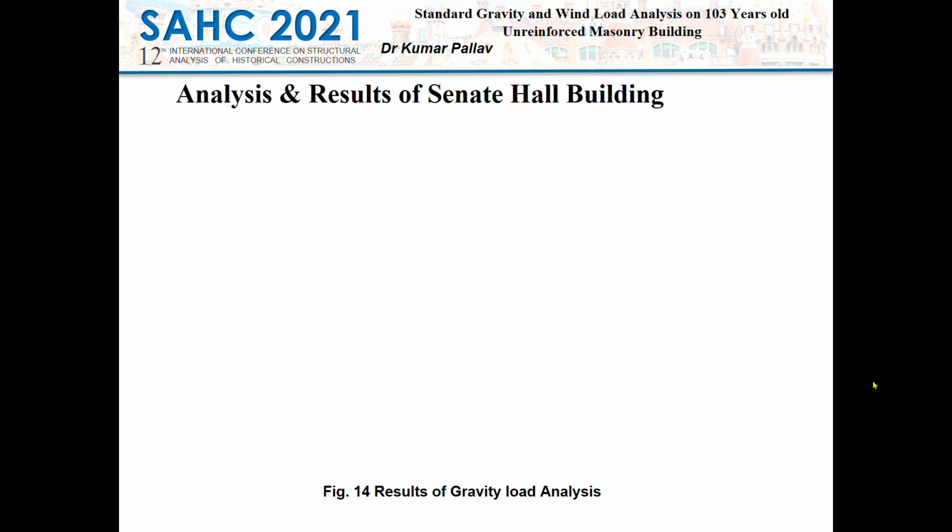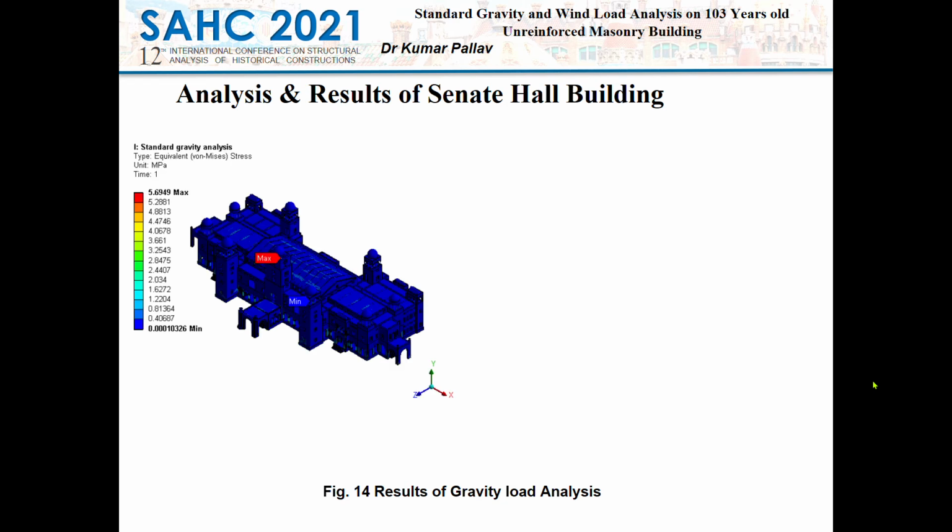So a very primary analysis, that is nothing but a gravity analysis, has been performed, and if you see this figure, the maximum stress which has been obtained is 5.69, that too on the top of the clock tower. And this particular analysis is only conducted to see how the configuration of this particular structure behaves against the gravity loading.